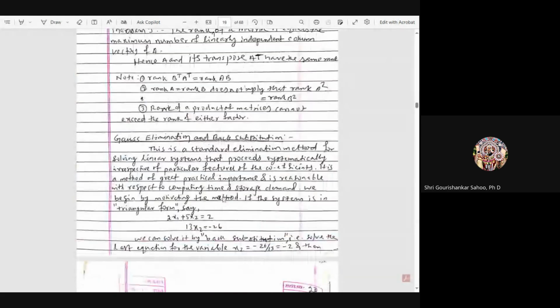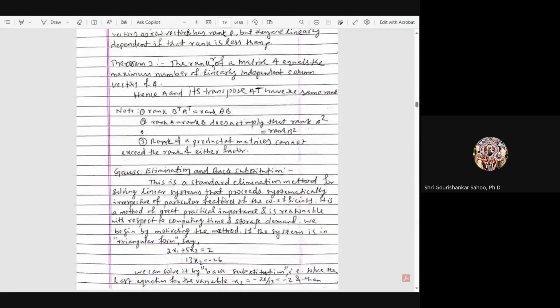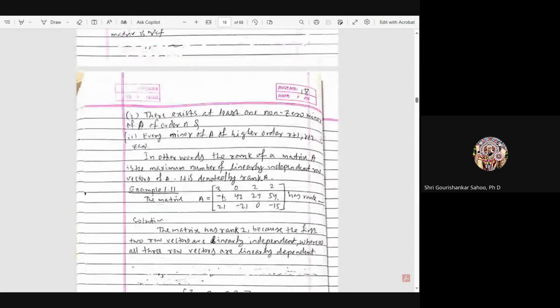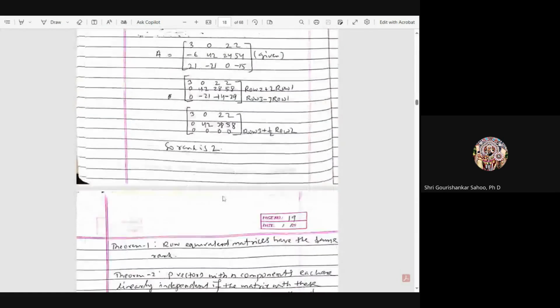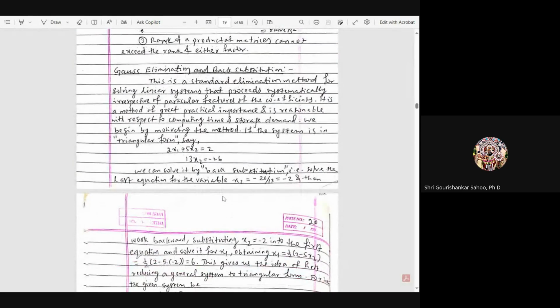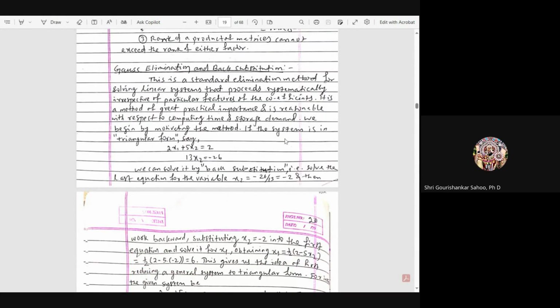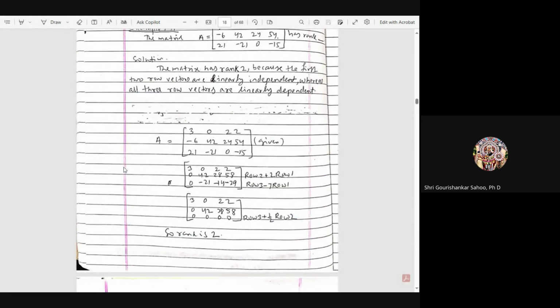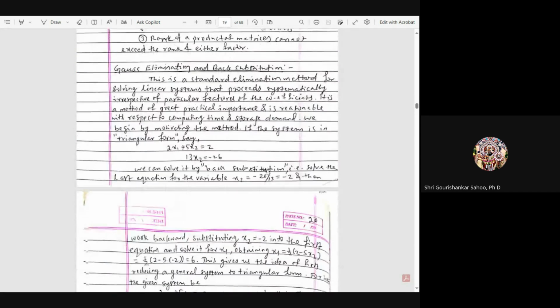So, we are discussing the rank of a matrix. Let us discuss Gauss elimination and back substitution. In your rank, you can see here that it is also an elimination method where two rows are nonzero and the other rows have all elements 0, and the rank is 2.